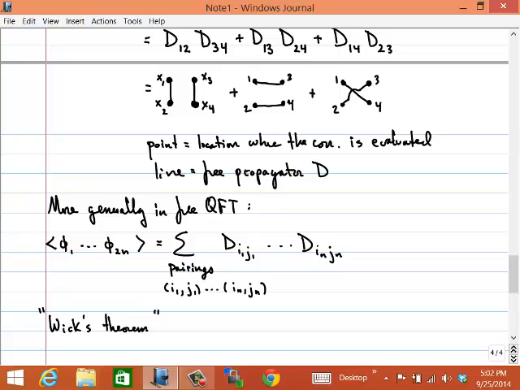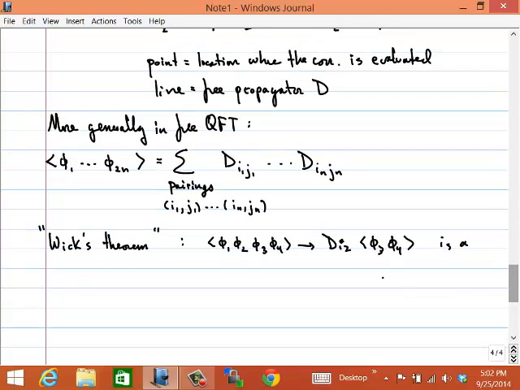And the process by which we replace, say, a phi 1, phi 2, and a bunch of other stuff, say, phi 3, phi 4, the process by which we replace this with a D(1,2) times phi 3, phi 4 is known as a Wick contraction.